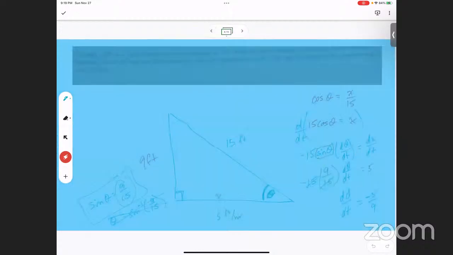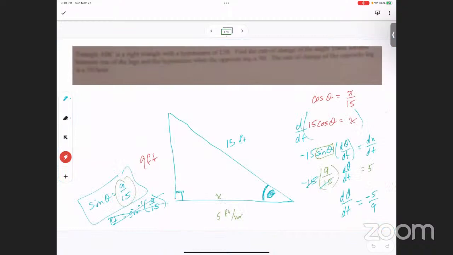So what they're telling you here is find the change in the angle when the opposite leg is at 9 feet. So what's happening is, it's like a ladder. The question doesn't seem to be worded very well, but it's like a ladder, right? This length isn't changing. 15 feet isn't changing, but it's moving down the wall. It's moving like this.